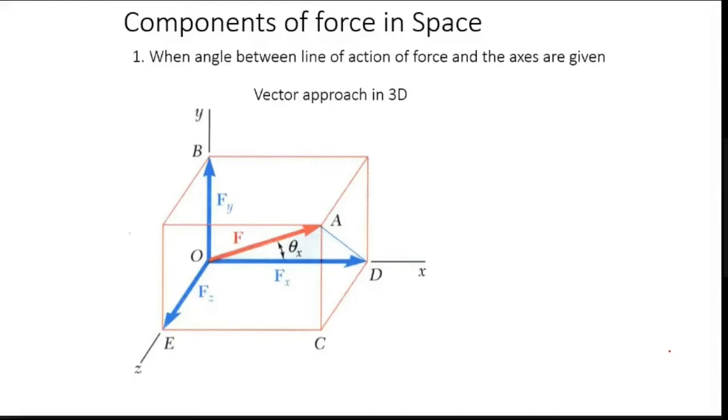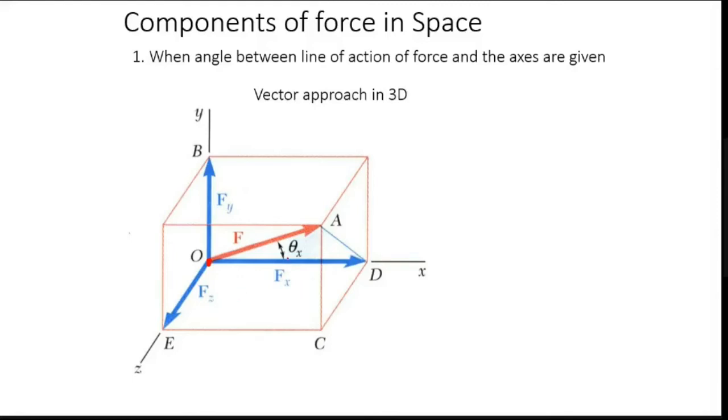Let me consider you have a force like this, which is having theta. Why do we use this vector approach? For that, I'm going to explain here. You can see this is a three-dimensional box. One corner is O, the opposite corner is A. Let me draw a line that is your force.